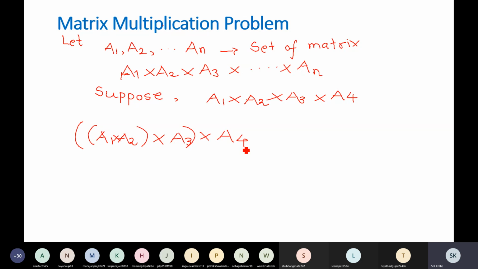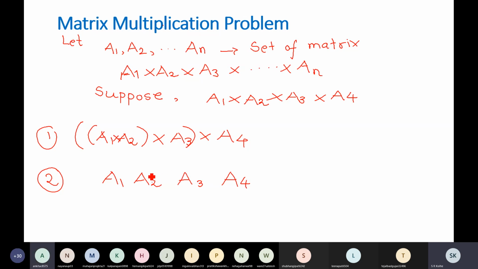What is another way, by following the rules of matrix multiplication? This is one way. The second way is A1 A2 cross A3 A4.